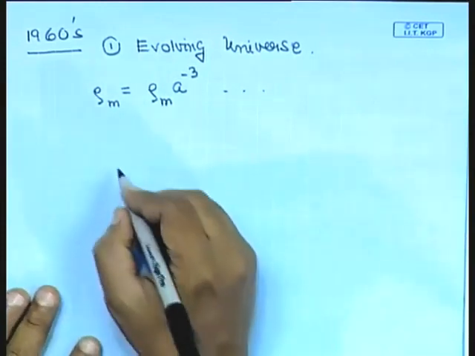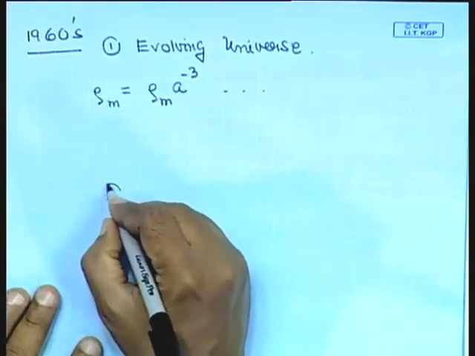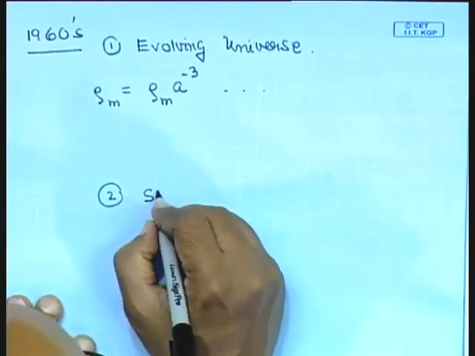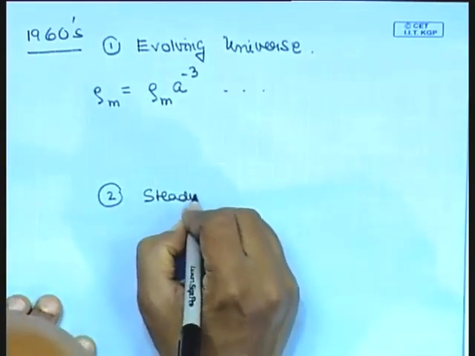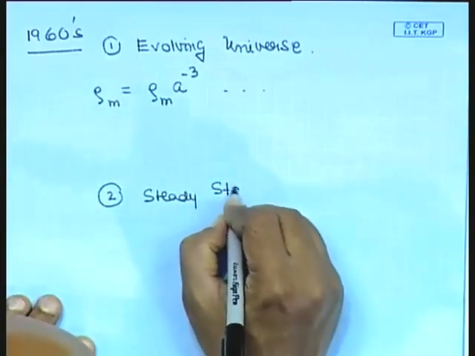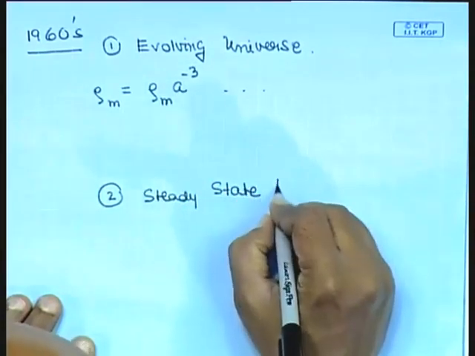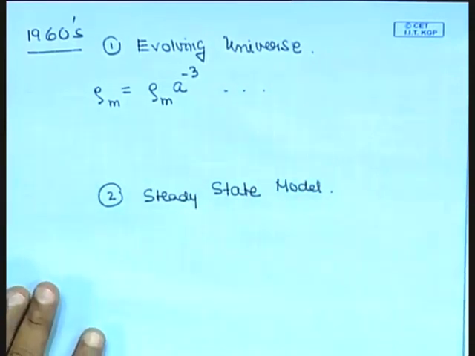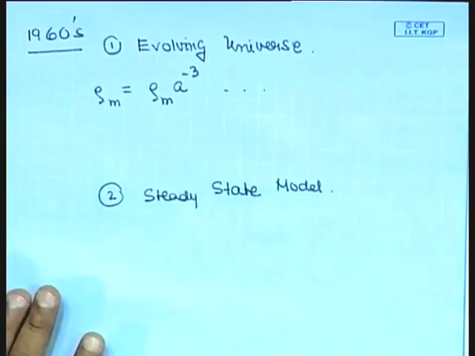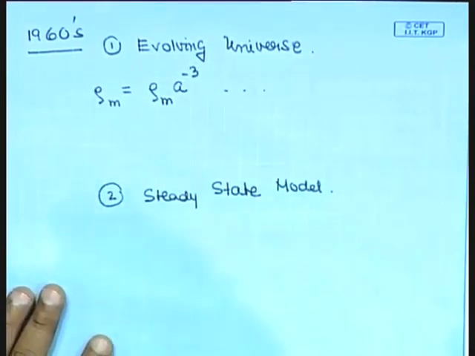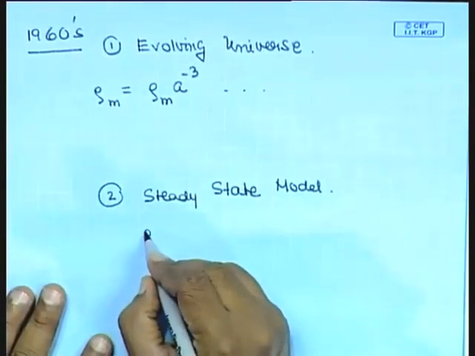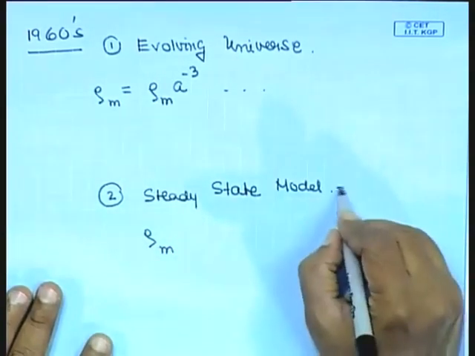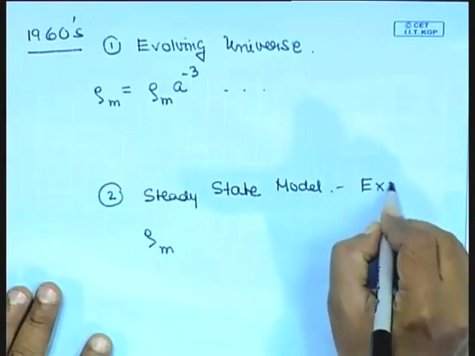There was another model at that time which was also competing with this model, which is the steady state model. In the steady state model, there is no singularity in the past. The density of the universe remains a constant. The universe expands in this model also, that is an observed fact.